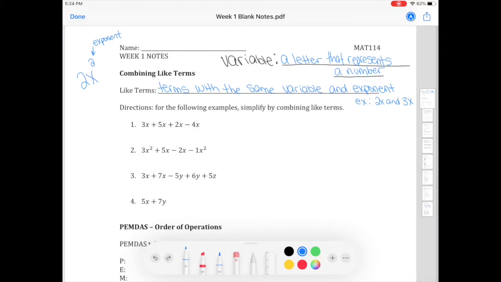You don't ever need to write them in, but they do have the same exponent. It's implied as they both don't have one written. If you have 2x and let's say 3x squared, those are no longer like terms because even though they have the same variable, they both have an x in their term, this one has an x squared, making it not like terms.